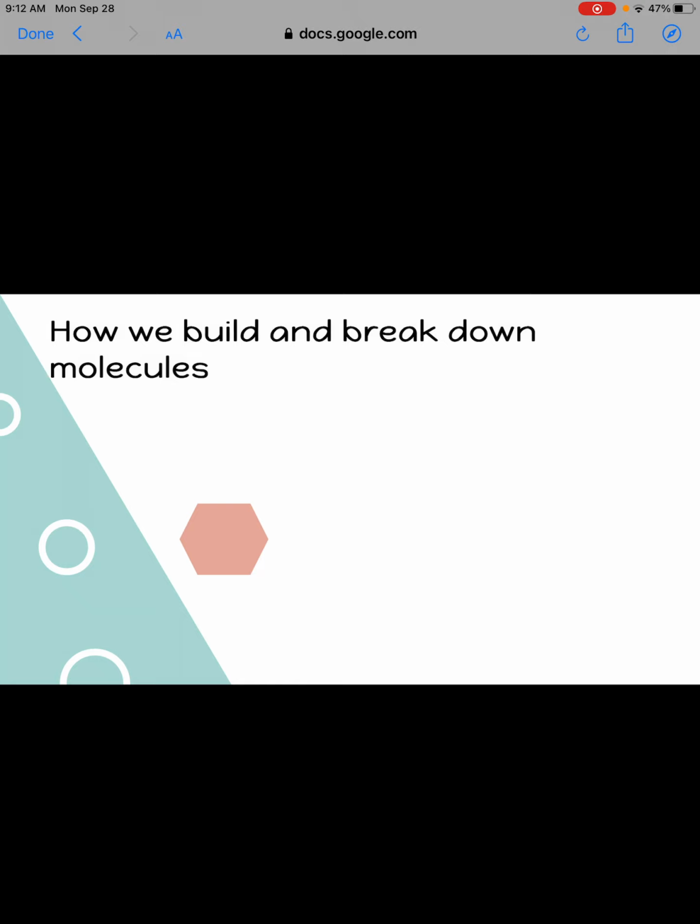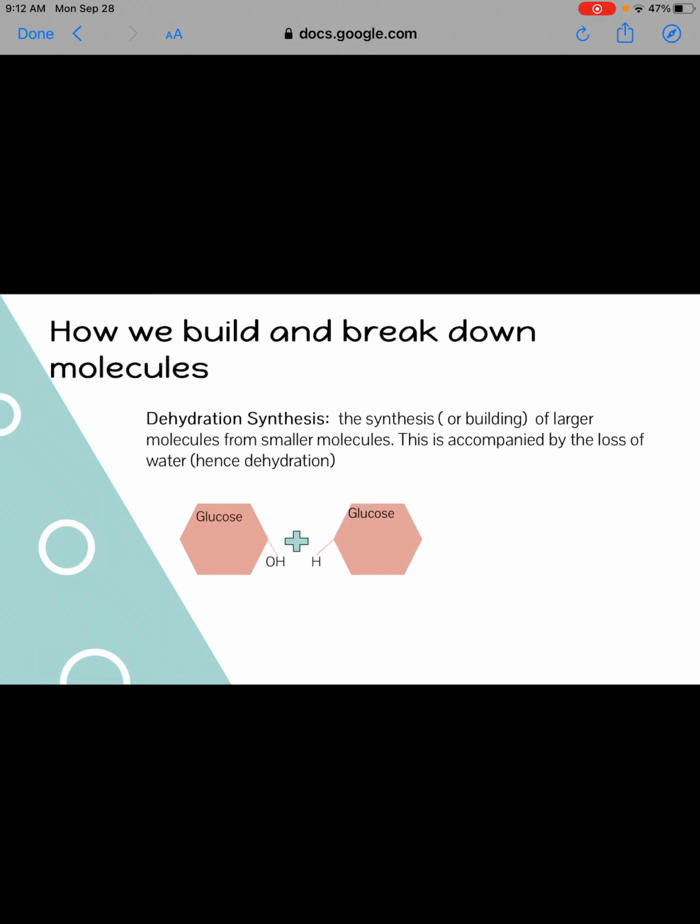So now, to continue to build on this understanding, we're going to talk about how we build up or break down compounds. We're going to start with this idea of dehydration synthesis. Dehydration synthesis is synthesis, so we know that means to build or make a larger molecule from smaller molecules. We accompany this by the loss of water, hence the word dehydration.